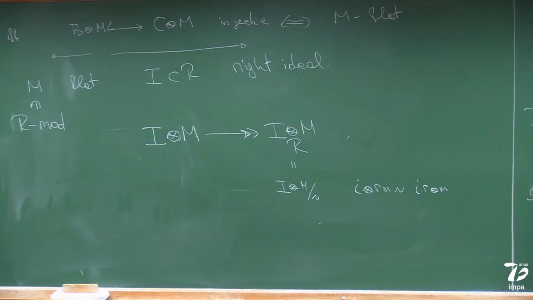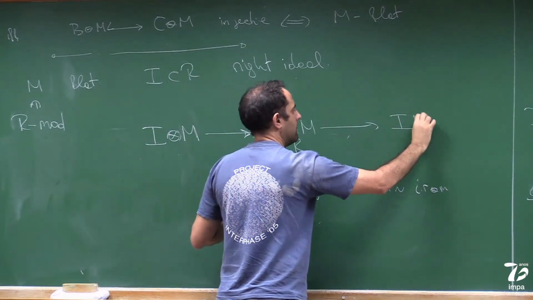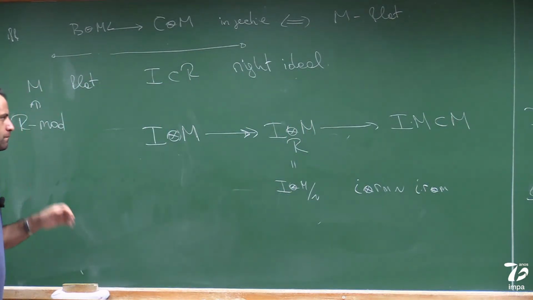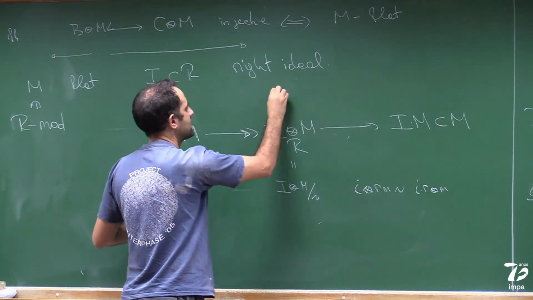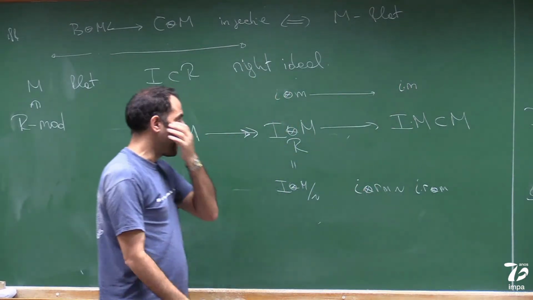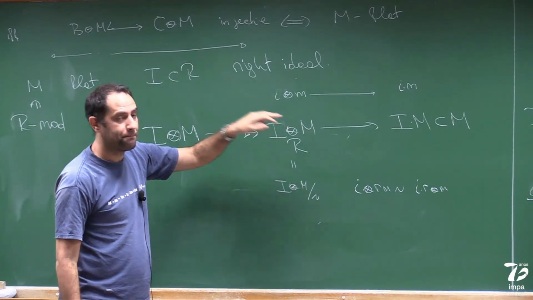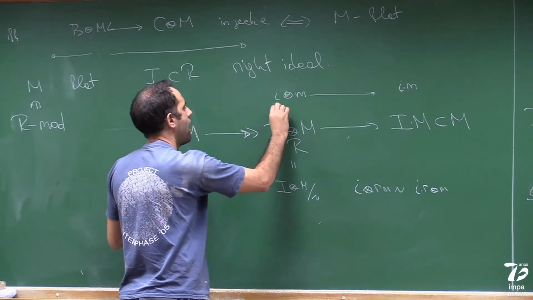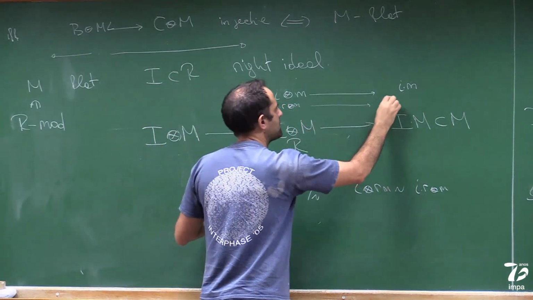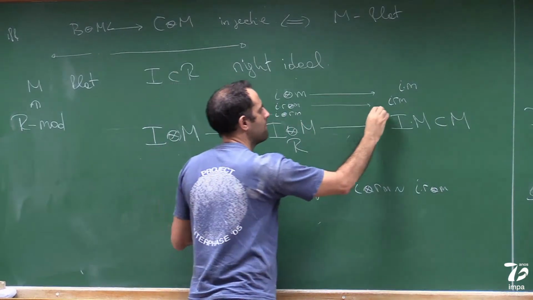But you also have a map to IM, which is inside of M. So what is this map? This map sends I tensor M to I times M. I is an element of the ideal, which is an element of the ring, so you can act by I on M. And notice that IR tensor M would map to IRM, while I tensor Rm maps to the same thing.